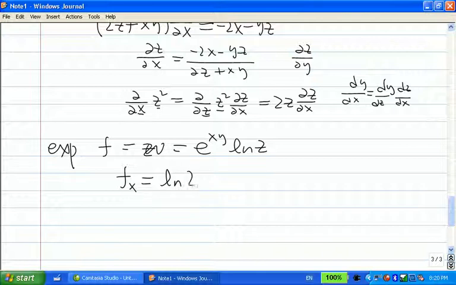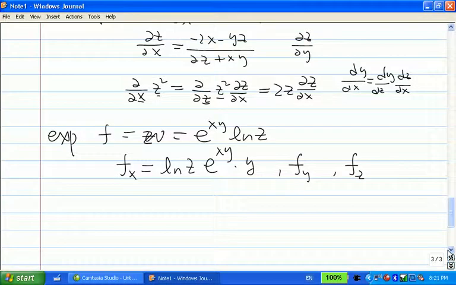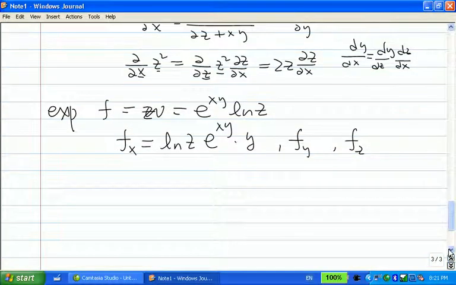Ln z times e to the xy times y. Okay, now similarly we have fy and fz. Now for the function that depends on 3 variables, we got 3 first derivatives. So how many second derivatives?